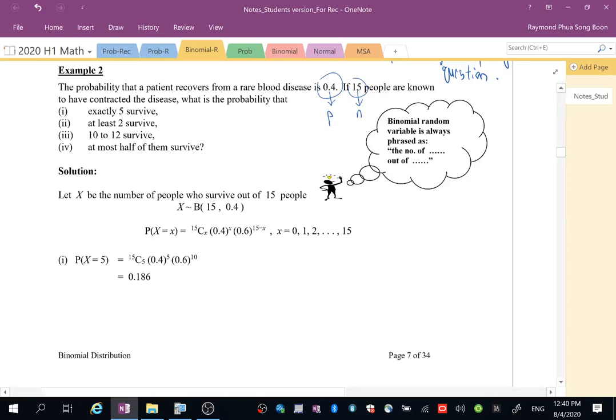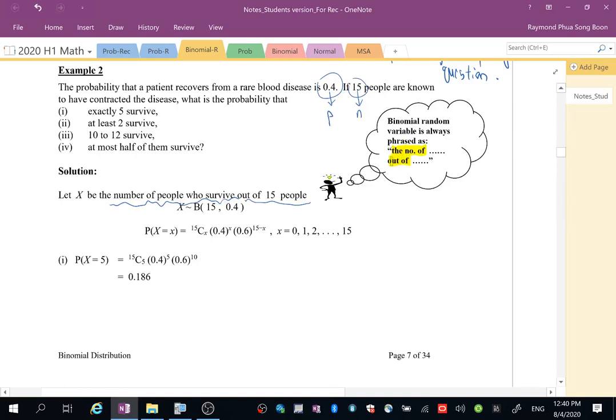So therefore, in a binomial distribution question, when we're trying to solve, we will always start by defining the random variable. We will define X as the number of people who survive out of a total of 15 people. As I said, how you define a binomial random variable is always the number of what out of a total of how many.